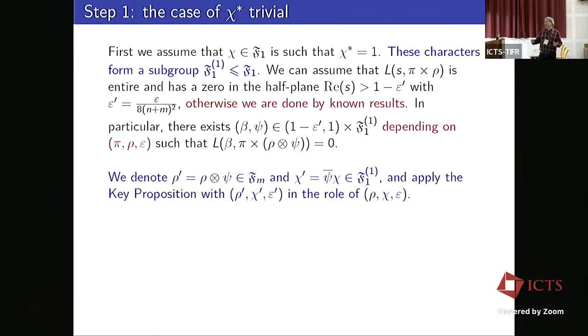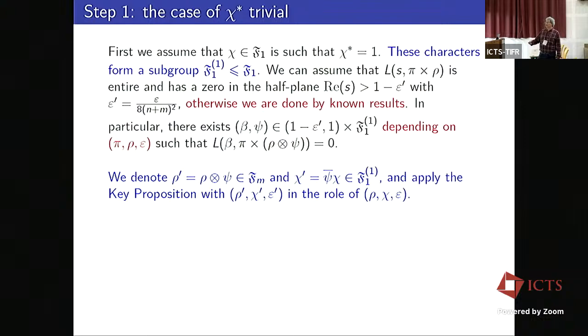And now we make a change of variables, so we pass from rho to rho twisted by this psi, which now depends on the initial data, and we twist chi by the inverse of this fixed character, and we think of chi prime being the new variable in terms of rho.